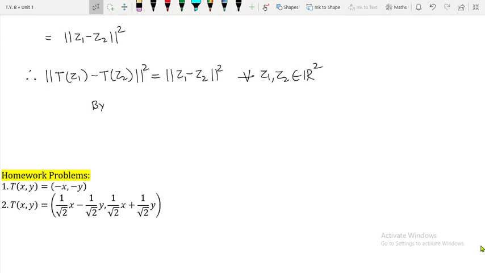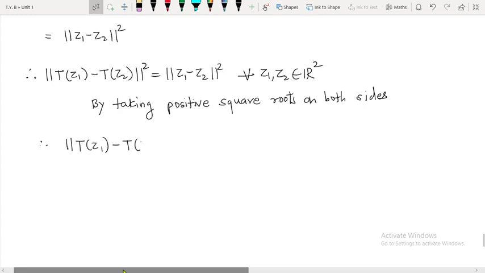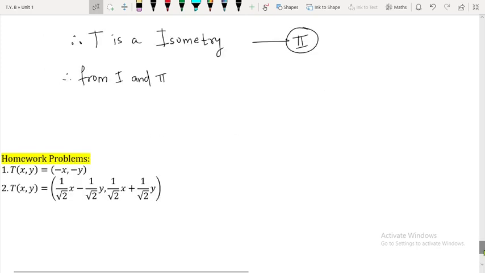So by taking positive square roots on both sides, therefore norm of t of z1 minus t of z2 will be equal to norm of z1 minus z2 for all z1 z2 belonging to R2, and therefore t is an isometry. 1 and 2, we can say that t is an orthogonal linear transformation.